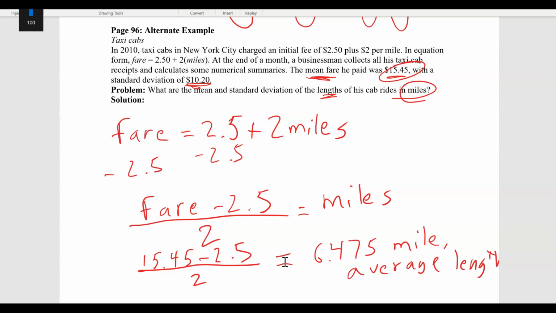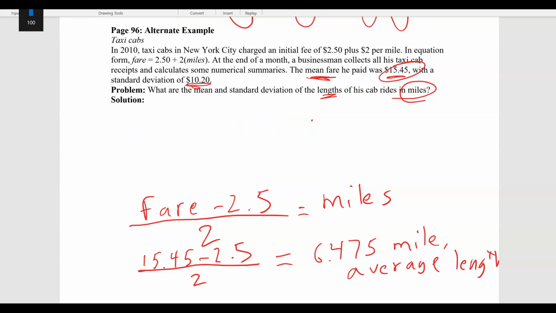Now I want the standard deviation of the fare. Sorry, not standard deviation of the fare, but standard deviation of the length. Okay, so standard deviation measures spread. Well, this transformation, this minus 2.5, is not going to affect spread.